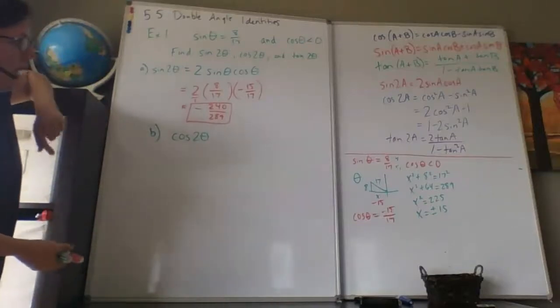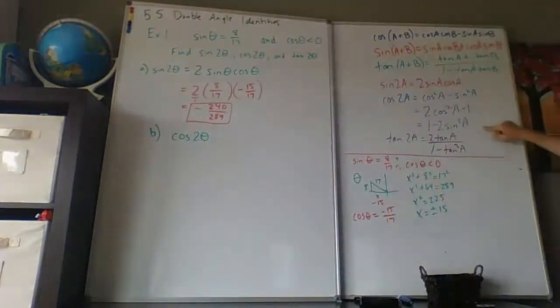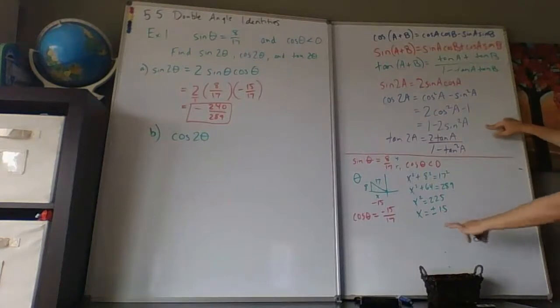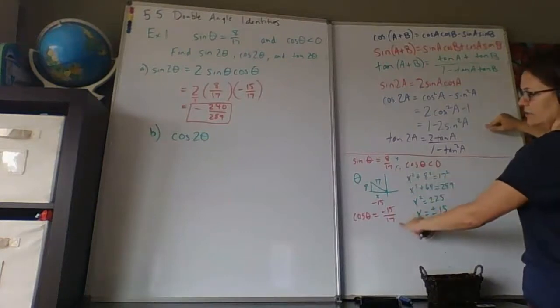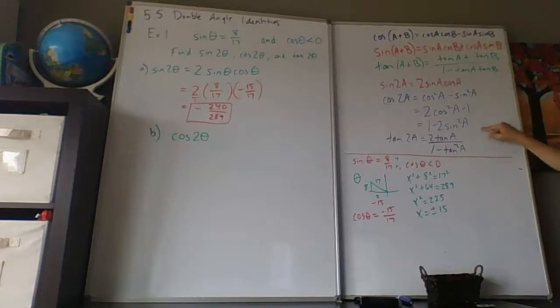I will go ahead and still calculate using one of these identities. Now, at this time, because we have both sine theta and cosine theta, really any of these options are totally acceptable. However, since we were only given sine theta, I will go ahead and prioritize the formula that only has a sine in it. So that's the last one here.